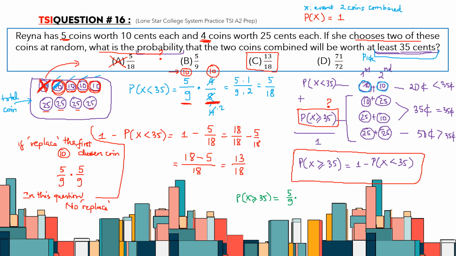Then the second coin is 25 cents, and we only have 8 choices, and we have 4 choices of 25, 1, 2, 3, 4 out of 8. Then we add the second case. Now the second one is 25 first, so we have 4 out of 9, multiplied by 5 out of 8. Then we add the third case, where both are 25, so we have 4 out of 9, multiplied by 3 out of 8.